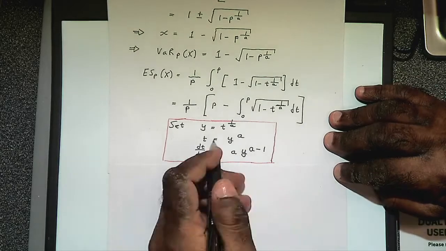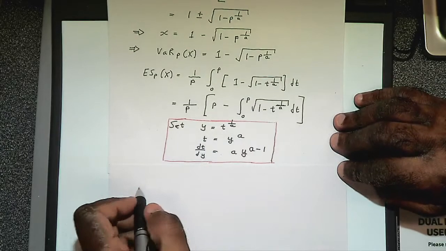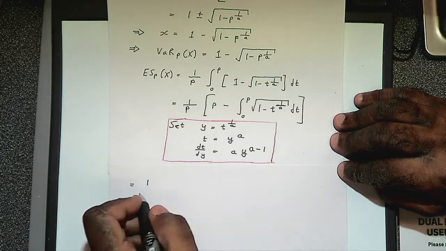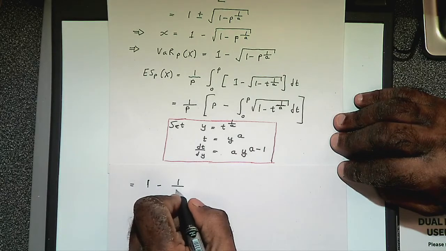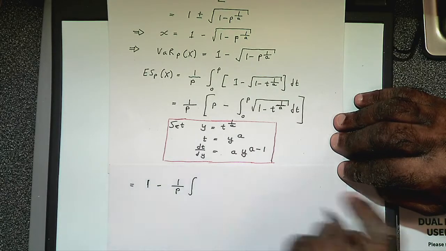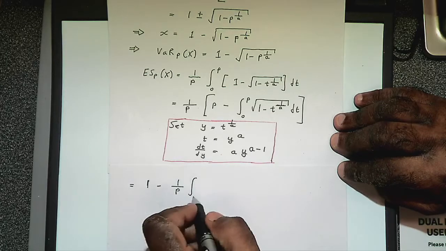So putting this back into the integrand, this is what you will get. This is 1 over, well, this becomes 1 minus 1 over p. The limit: when t is equal to 0, y will be 0.